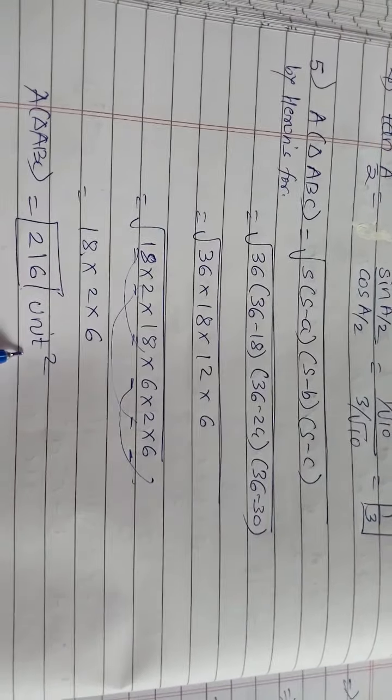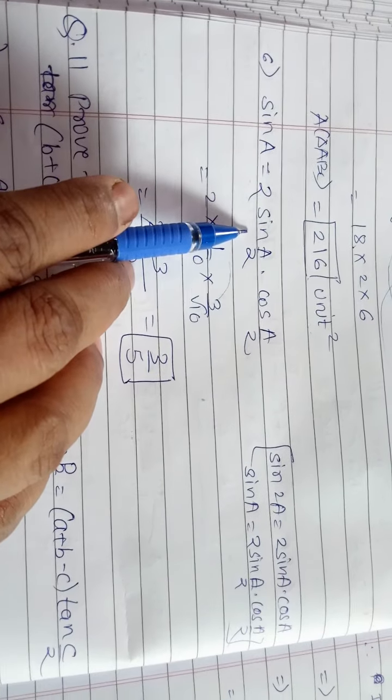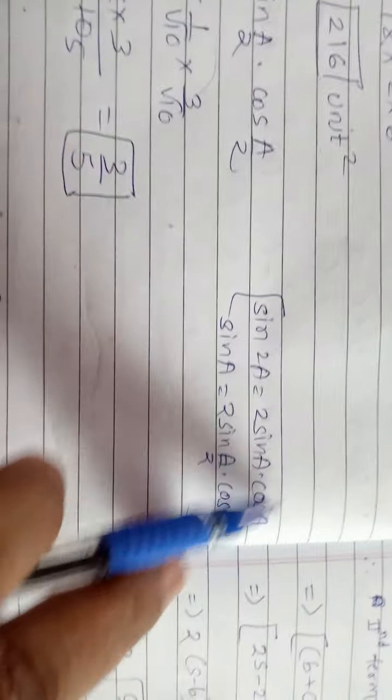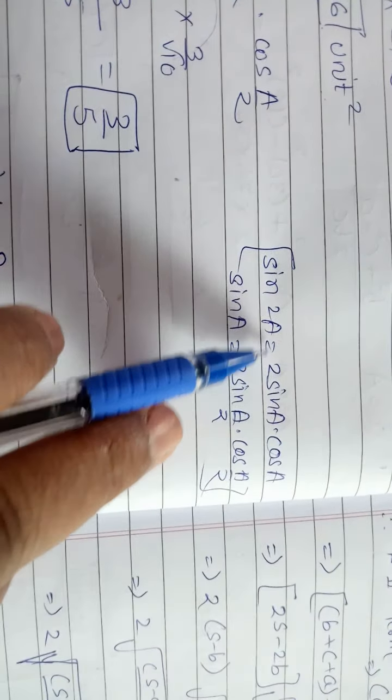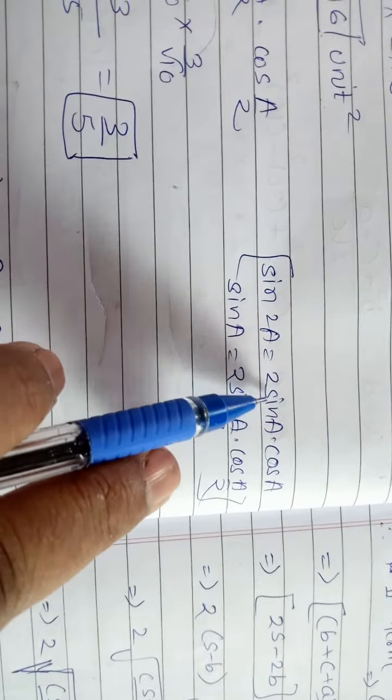Now see the next question, that is 6 sin A. We have to find sin A. So you know the formula sin 2 theta is equal to 2 sin theta into cos theta. Here we have to take just the half angle. So sin 2A becomes sin A, and all these angles become half. So 2 sin A by 2 into cos A by 2.